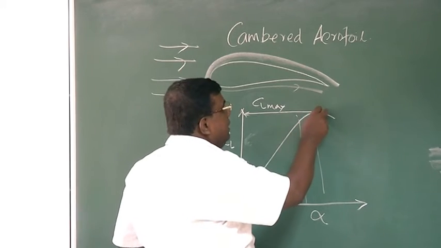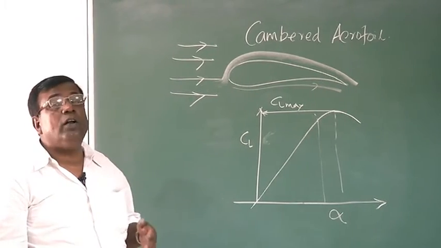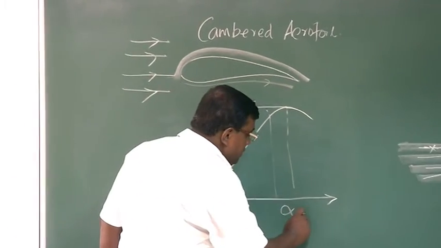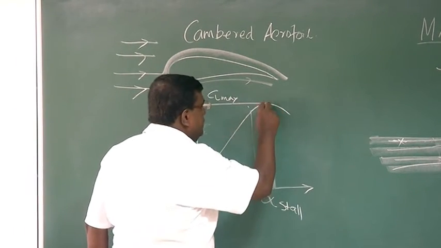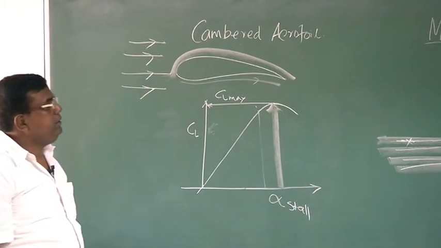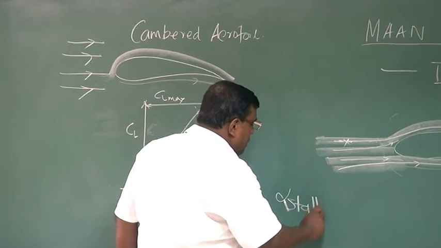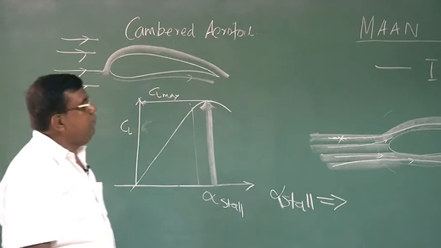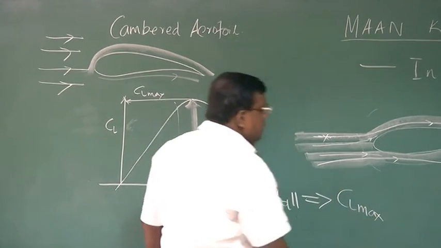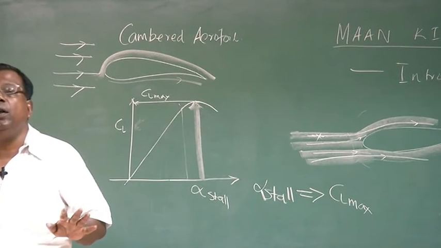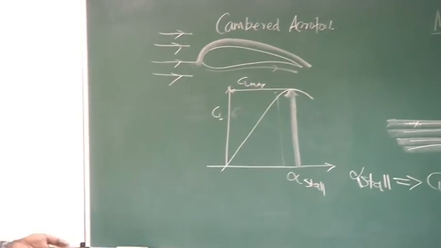After that there is a drop in CL and an increase in drag, and that area we call stall. So conventionally we call the angle at which the flow separates alpha stall. So these are two important terms, but you could see also that at alpha stall CL is CL maximum. That means if you further increase the angle of attack beyond this alpha stall, you will not get additional CL. In fact, CL will reduce.